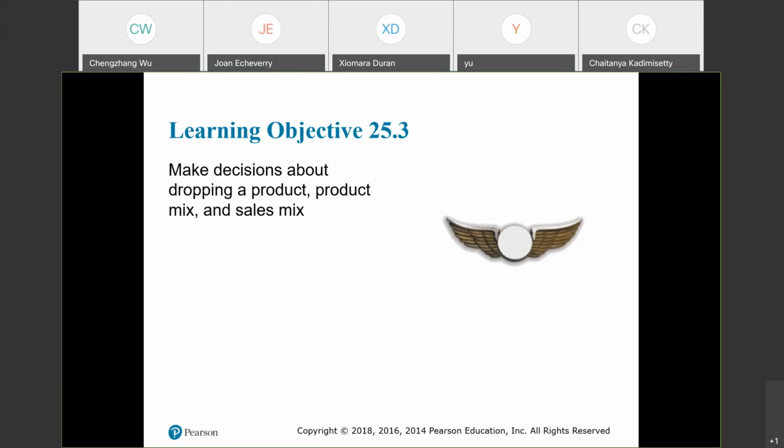Irrelevant costs, such as the cost of the current truck, are a kind of sunk cost, which are the costs that were incurred in the past and cannot be changed regardless of which future action is taken.